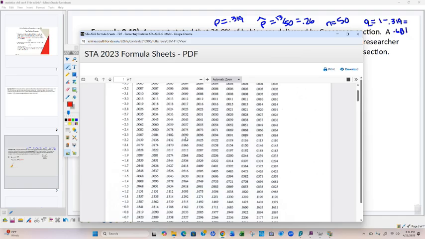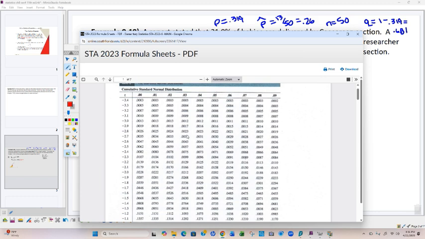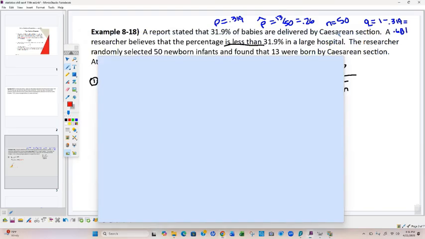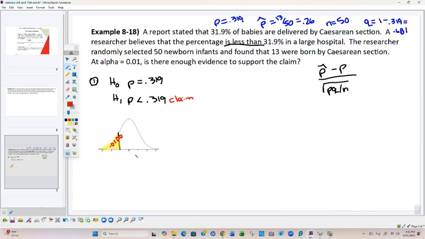This is 2 above, this is 1 below, so go to the closest. That happens at negative 2.33. So our critical value is negative 2.33. Let's go back and put that on our chart. So for step 2, critical value equals negative 2.33.